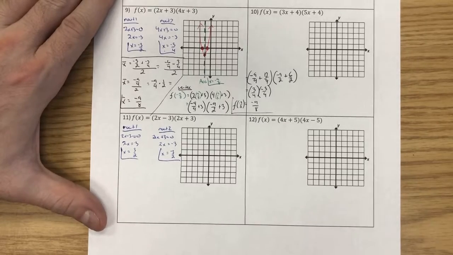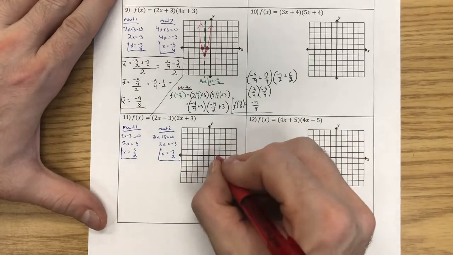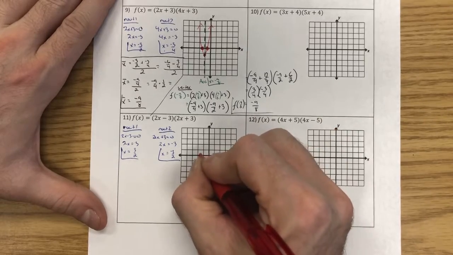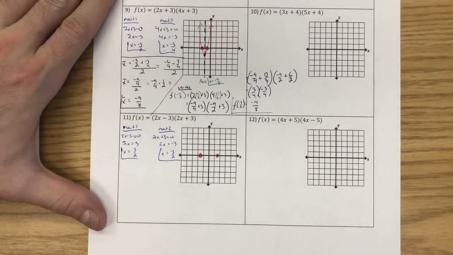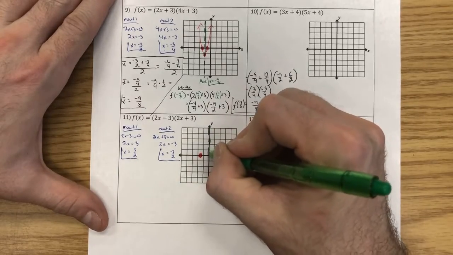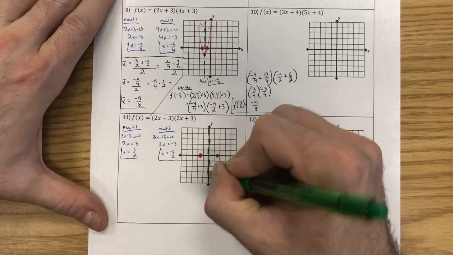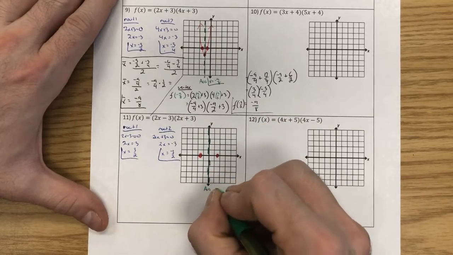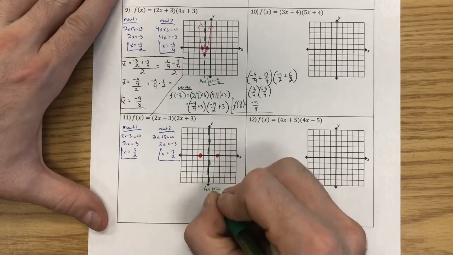So I know I have, let's see, 3 halves, which is about 1.5, and negative 3 halves, which is negative 1.5. Well, I know those are on opposite sides of my origin line, or my y-axis. So my axis of symmetry is where x is equal to 0.